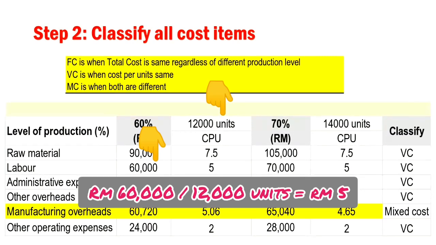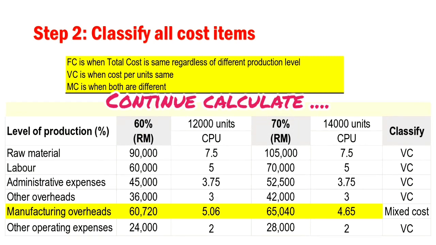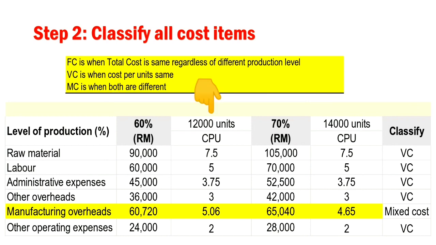So 60,000 divided by 12,000 units gets 5 ringgit. You do the same calculation for all the costs. See in the table here, you get 7.5, 5.75, 3, 5.06, and 2. In a similar way, you do the same for 70% level of production. 105,000 ringgit is for 14,000 units. So how much is 1 unit?